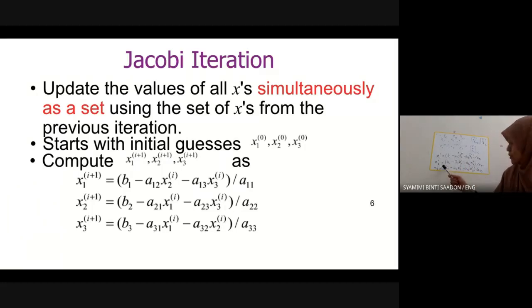For x2, for x21, B2 minus A21 times, here it is not S11 like Gauss-Seidel just now, but the value that we put is S10, which is 0 here.